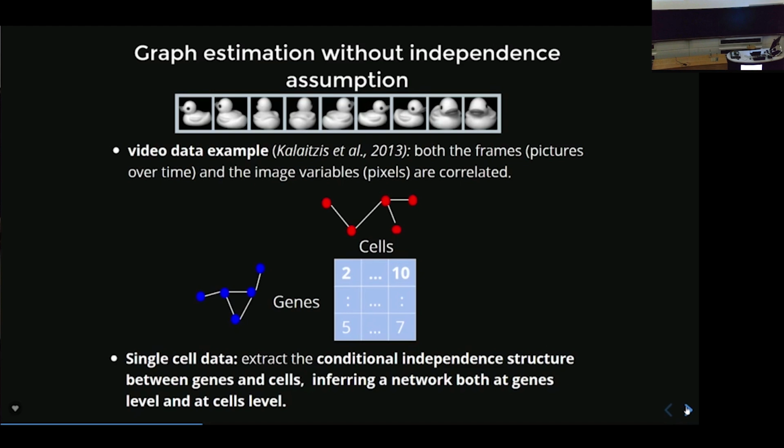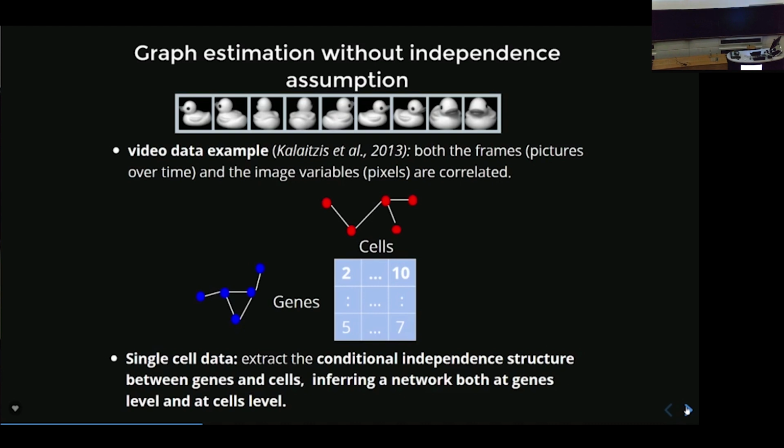You see, we want to extract the conditional independence between genes and cells, and we want to infer the two networks at the same time. We don't want to decouple the problems, okay? So you can think of wanting to build a big precision matrix associated to this problem that will put together the precision matrix along the cells and the precision matrix along the genes.